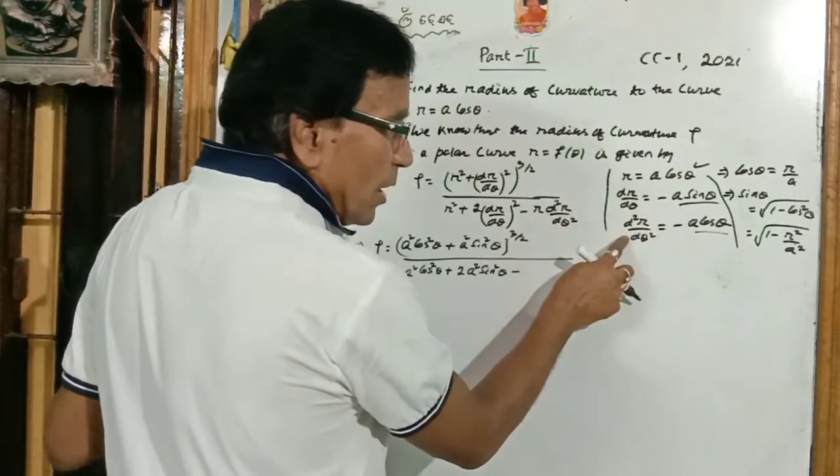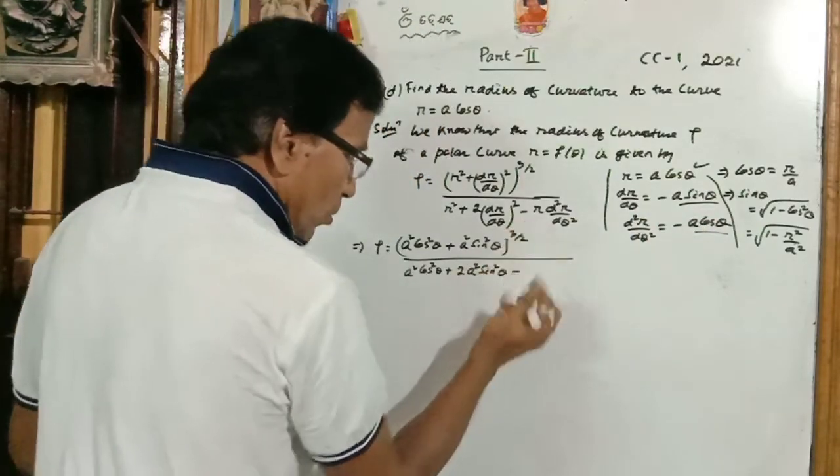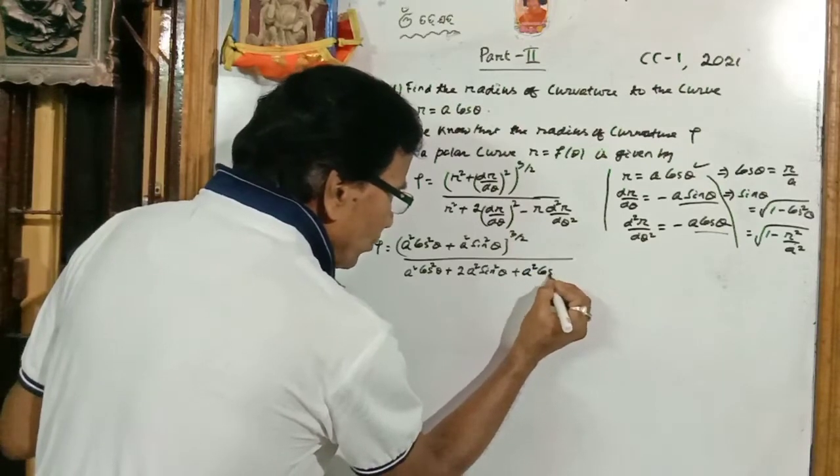So r into d square r by d theta square is minus a square cos square theta, and minus into minus will be plus a square cos square theta.